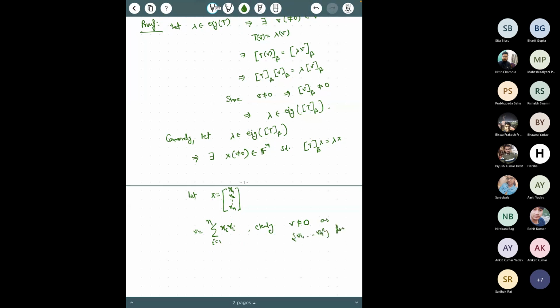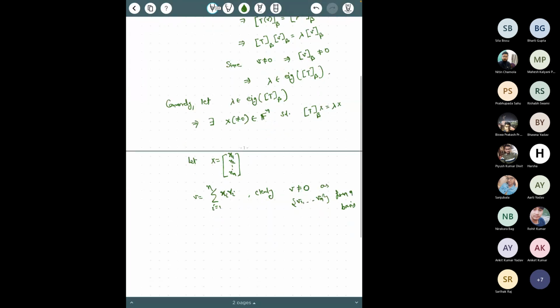Now we just need to see whether T of v is equal to lambda times v. Our claim is to show that T of v is equal to lambda times v. If we prove that this is true, then we are done. So just check whether it is true or not.